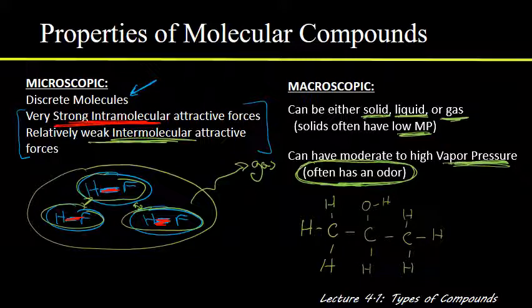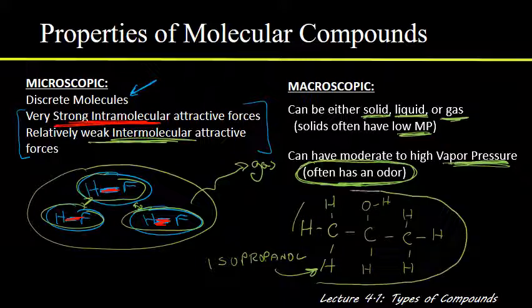Now here's an example here. This is isopropanol. Right? You can buy it in the store. It's the name rubbing alcohol, right? And this is the stuff that the doctor or a nurse puts on a little cotton swab and wipes on your arm before they give you a shot.